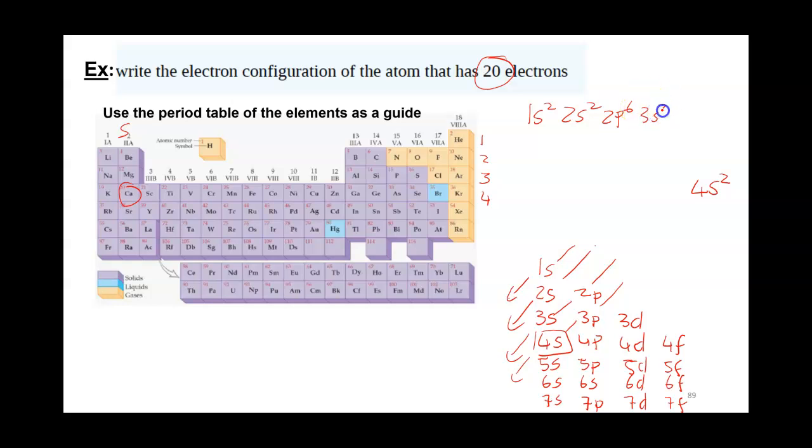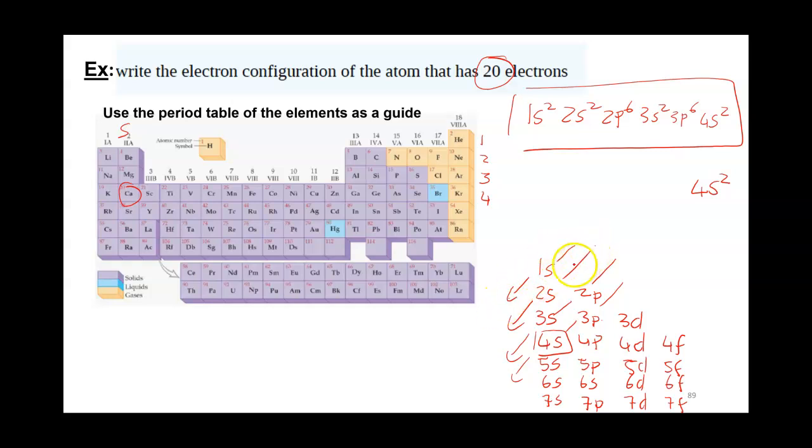I'm going to go 3s2, 3p6. That gets me another 8 electrons, so I'm up to 18 electrons, up to 3p6. And then finally I move on to 4s2, and that gets me to 20 electrons.